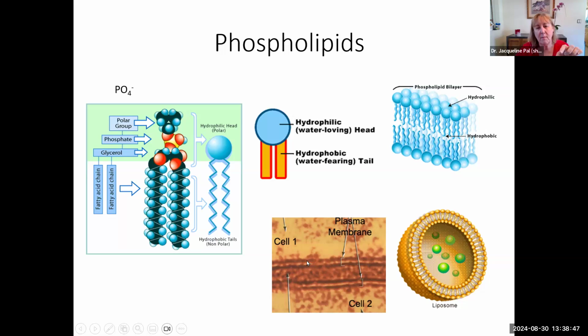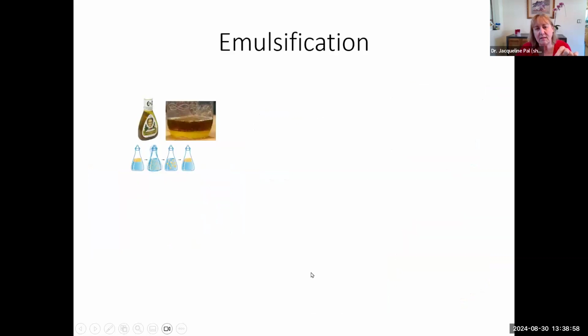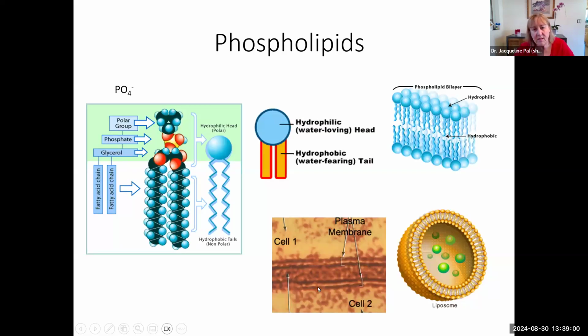Here is cell 1 with its phospholipid bilayer. The head's there, the head's there, and the tail's there in the middle. This is between the two cells. And then here's the phospholipid bilayer of the adjacent cell. So this is what happens in your body. Kind of a cool thing.